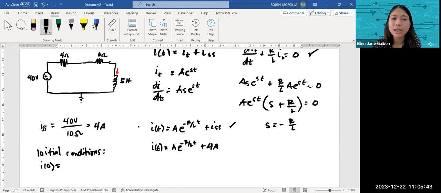In this circuit at 0 time, we know that the inductor is resistant to current. So at 0 time, we have an open circuit for our inductor, and that's 0. It was not initially energized.